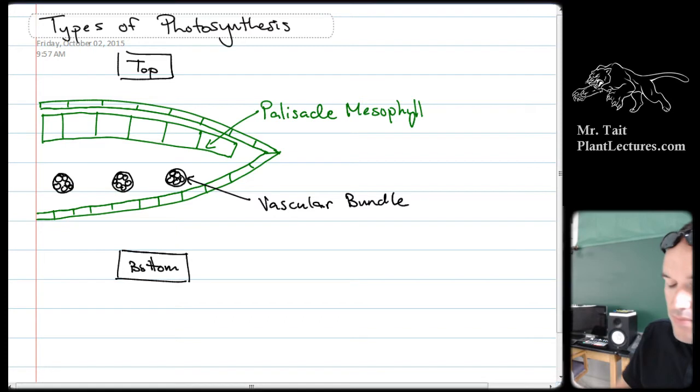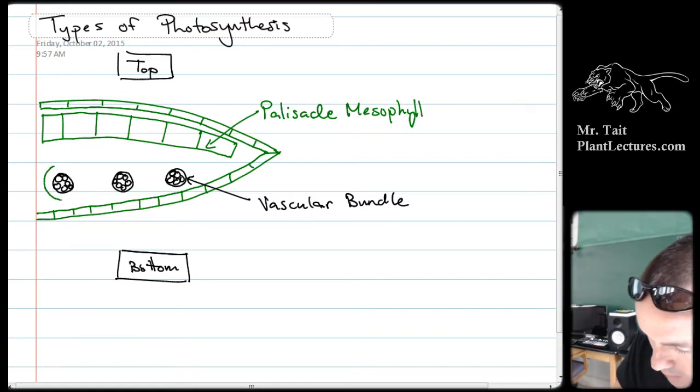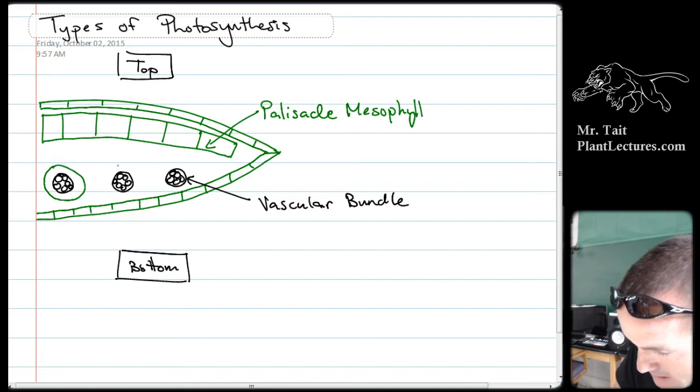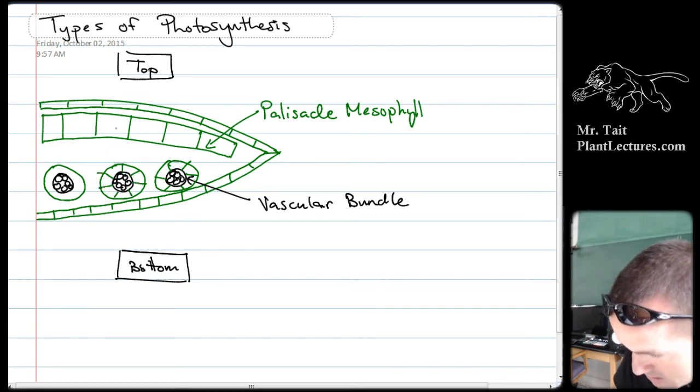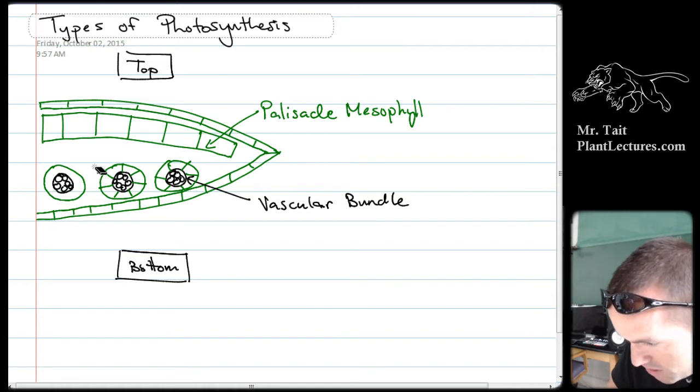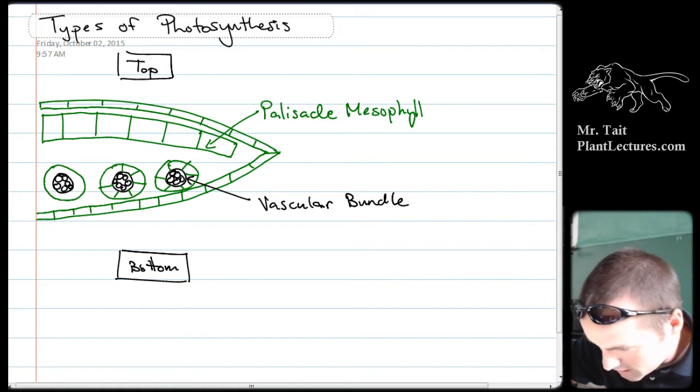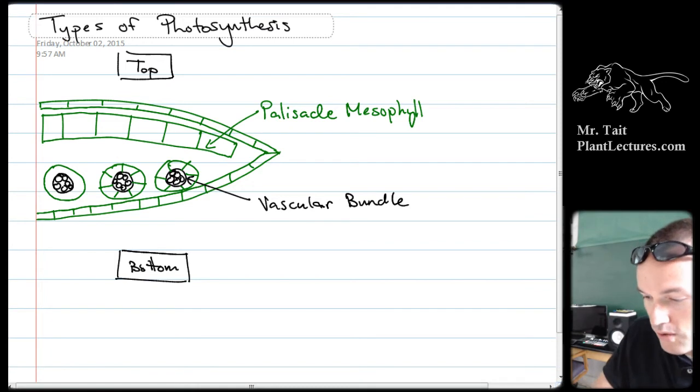Okay, now there's going to be a layer of cells around the vascular bundle like this. And if you wanted to come up with a neat name for them, you would come up with their actual name, which is the bundle sheath cells. If you know what a sheath is, like if you're a knight, you would put your sword into a sheath.